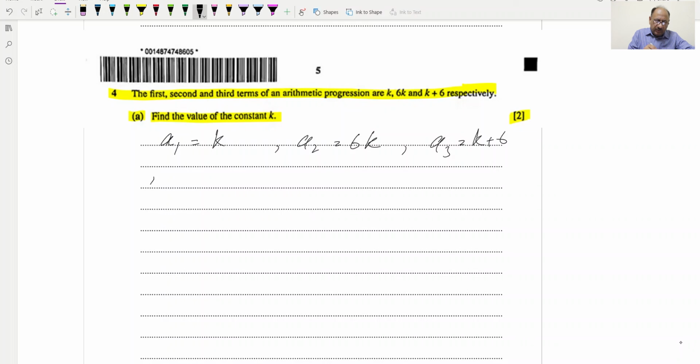Now we need to find d. d is the common difference, which is a2 minus a1, second term minus first term, as it is an arithmetic progression.